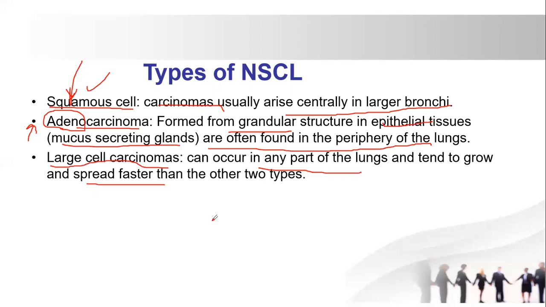So we conclude that there are two types of lung cancer: small cell lung cancer, contributing 20 to 25%, and non-small cell lung cancer, contributing 80 to 85%. The other point is that small cell lung cancer grows very rapidly, while non-small cell lung cancer grows very slowly.